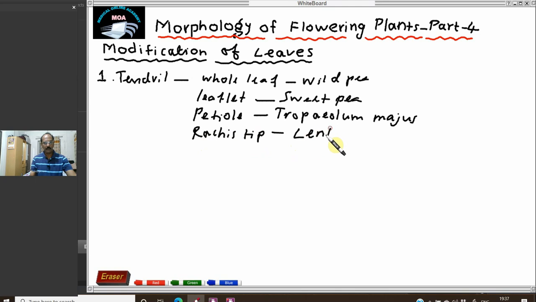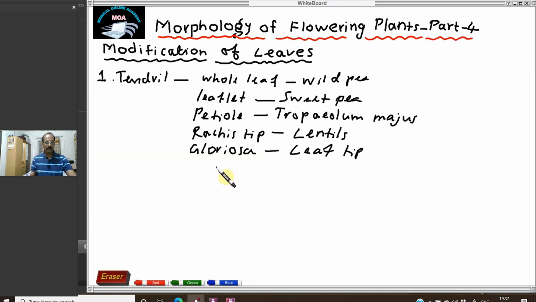In the case of Gloriosa superba, the leaf tip is modified into a tendril. The end of the leaf is modified into a tendril.